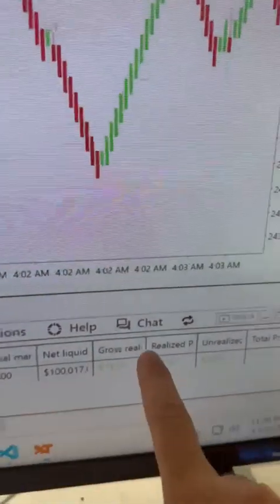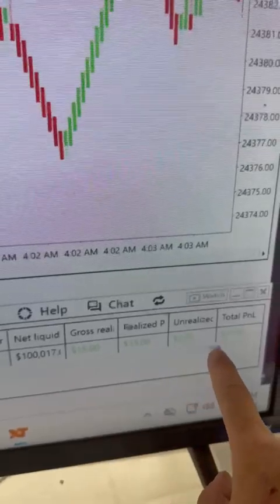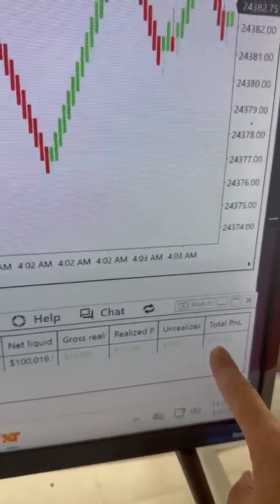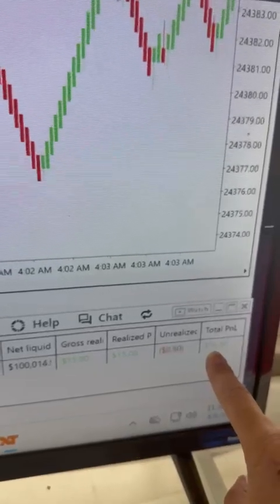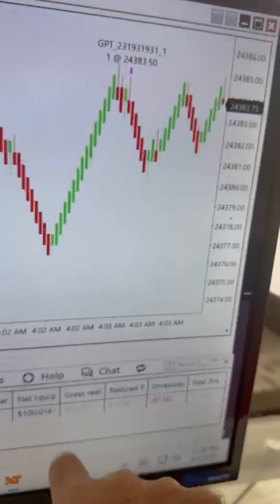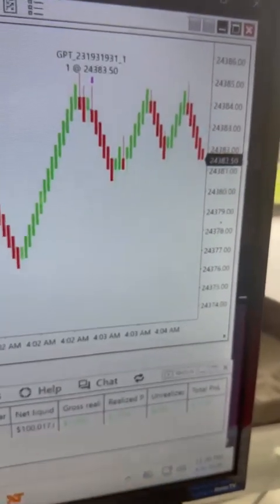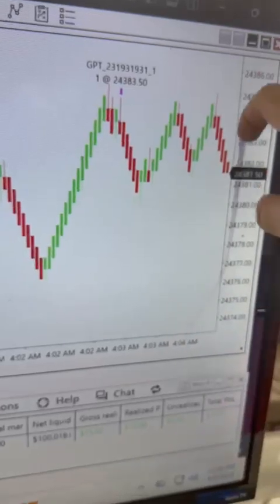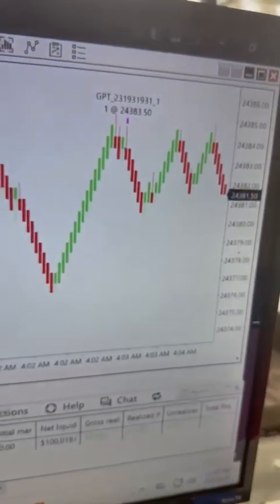So this is the P&L you're seeing. Don't get me wrong, with one MNQ contract it just made $300, and with one NQ contract it's still like $3,000. So if it goes down, it will make money. If it goes up, it will stop out. So let's see what happens.